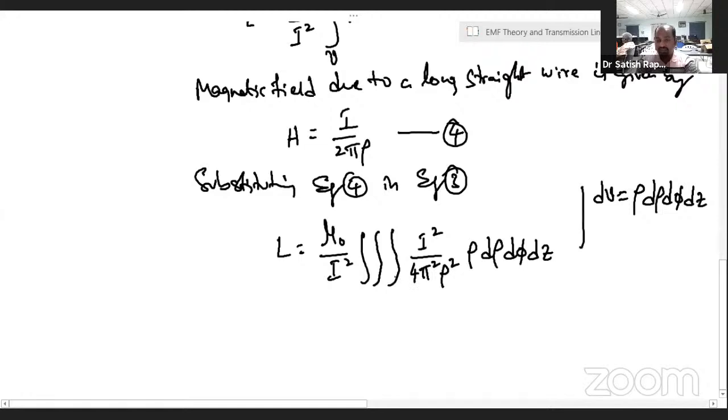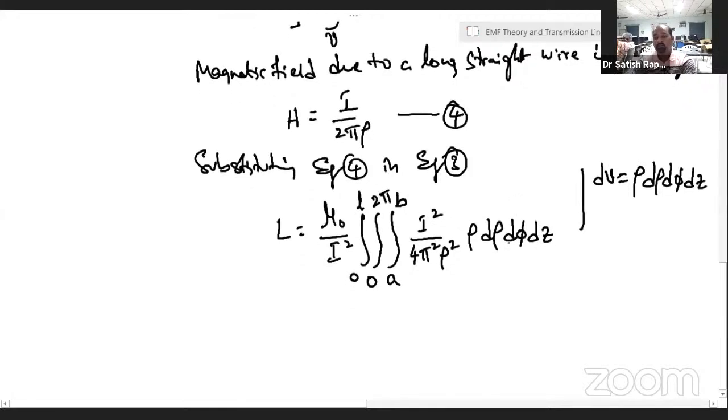Rho is the radius, which varies between a and b, phi varies between 0 and 2 pi, and z is the length of the cable, 0 to L, let us say the length of the coaxial cable is L.